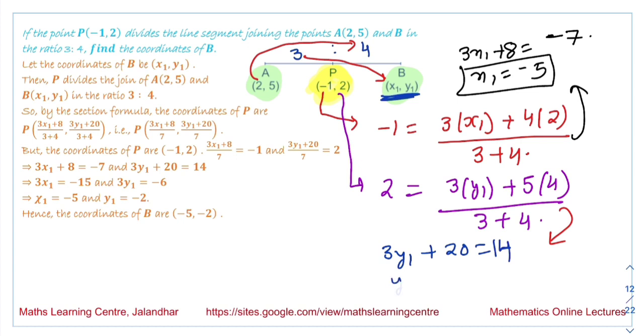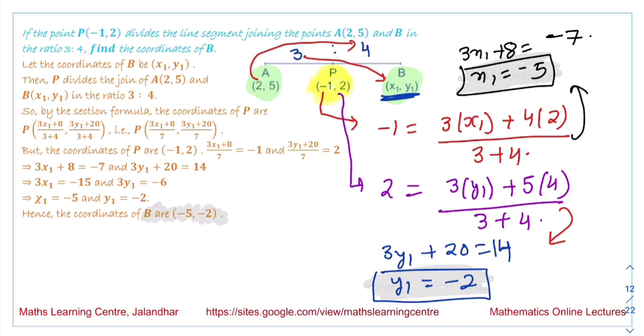So on solving this, we will get the value of y1 is equal to minus 2. So these are the two required values, that is x1 is equal to minus 5 and y1 is equal to minus 2. So the coordinates of the point B are minus 5 comma minus 2. These are the coordinates of the point B that we have.